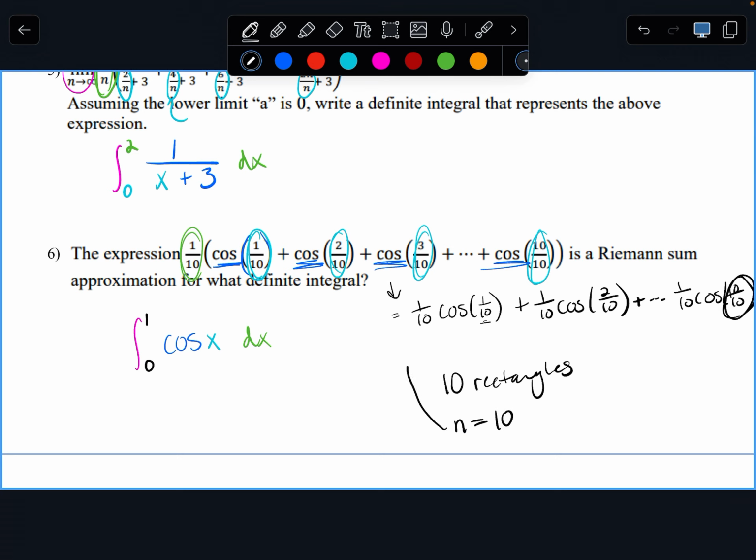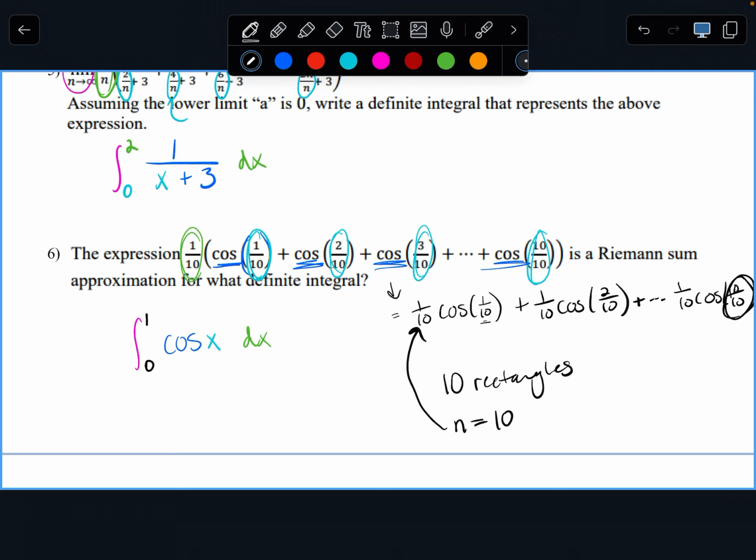So your n is like your 10, right? That's what usually goes there. So how did you get one? Because the first one is 1/10, but then you're going up to 10 over 10. How do you know it doesn't start at 1/10? Because we're doing a right Riemann, because you're almost always doing a right Riemann for these. It doesn't say that though.